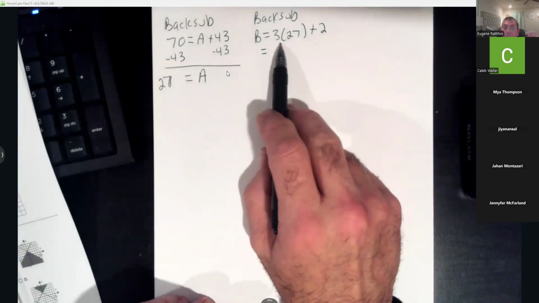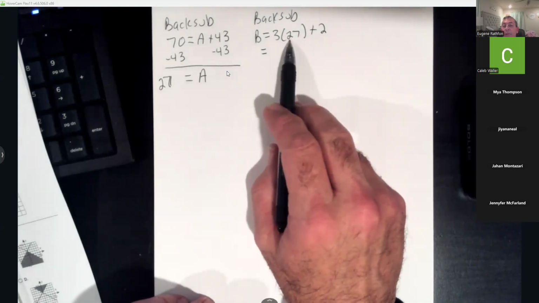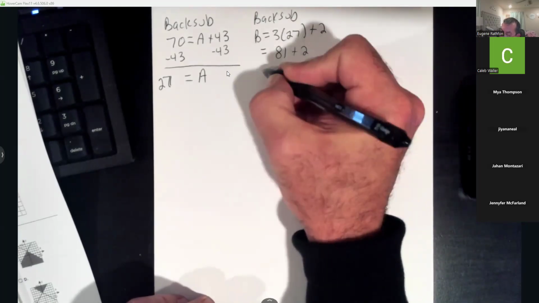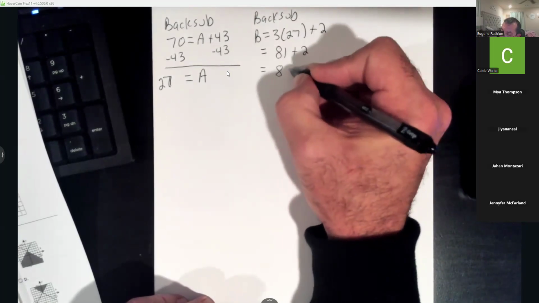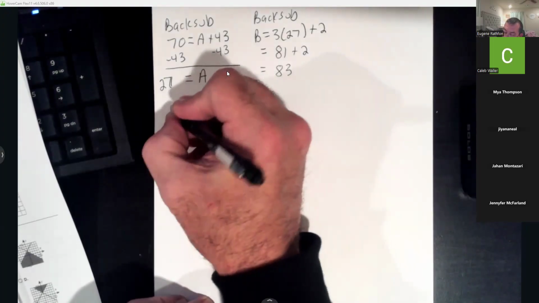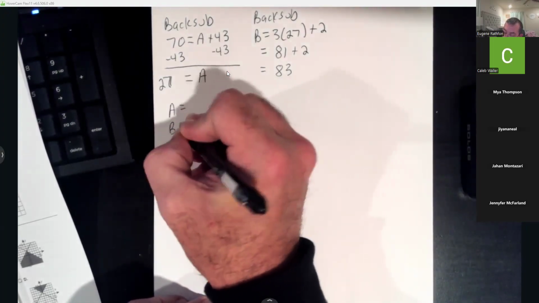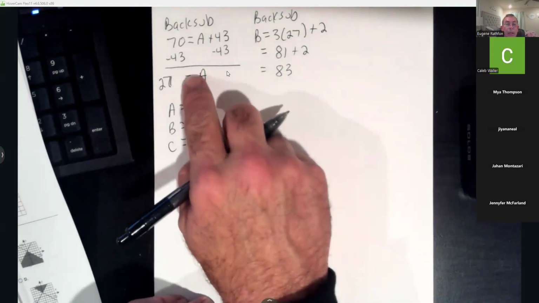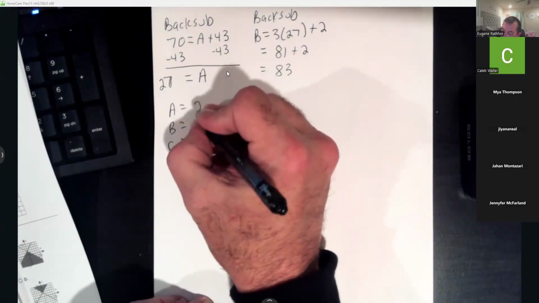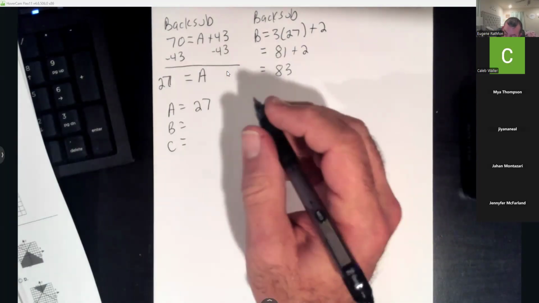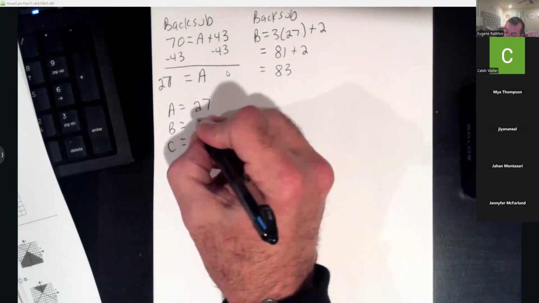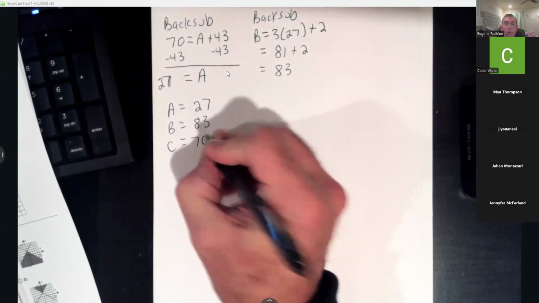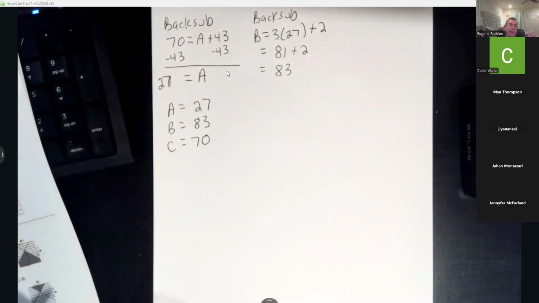All right, y'all, so let's see what we get here. 3 times 27 is 81 plus 2, which gives me a final angle of 83. So MathLab will have it where you got to put in each of your three angles. A was 27. B was 83. And then C was 70.